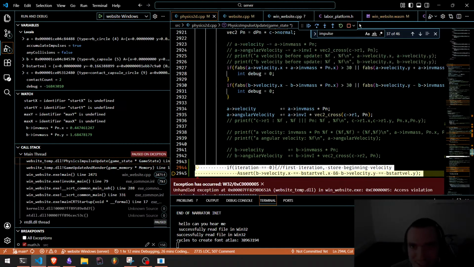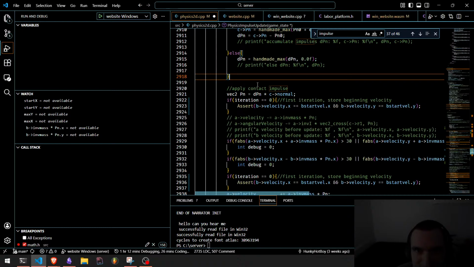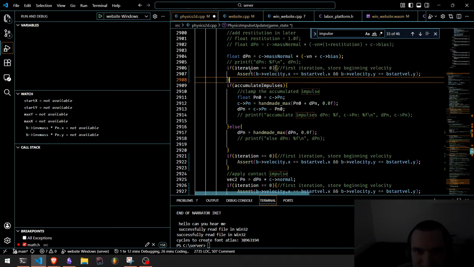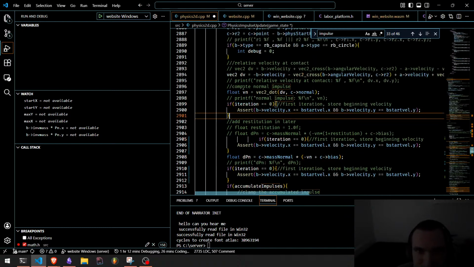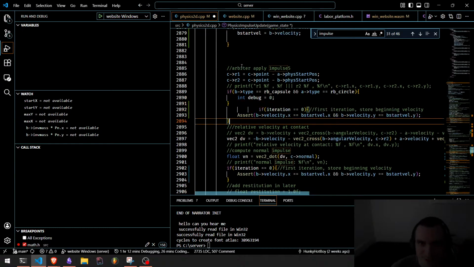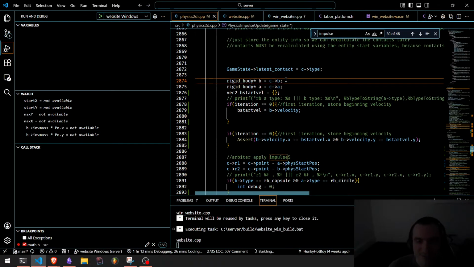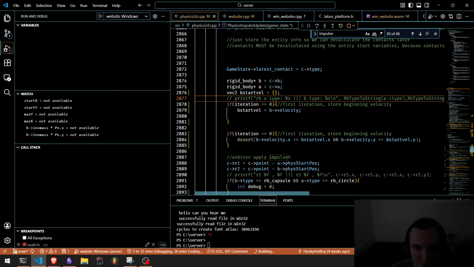I'll just drop this in everywhere to see where the earliest possible instance of it going wrong could be. I'm just going to litter the code with all this stuff, and then we'll see where it happens earliest.